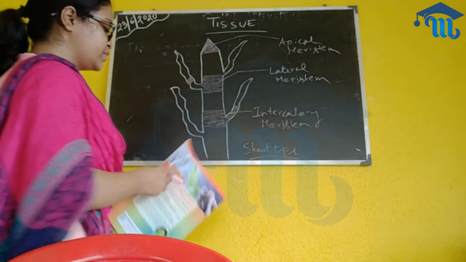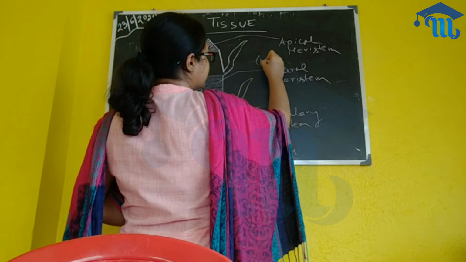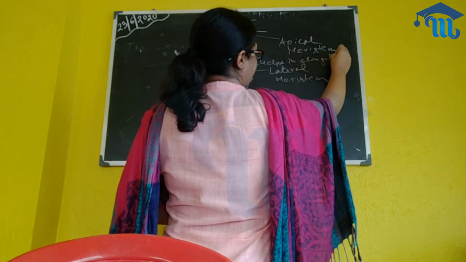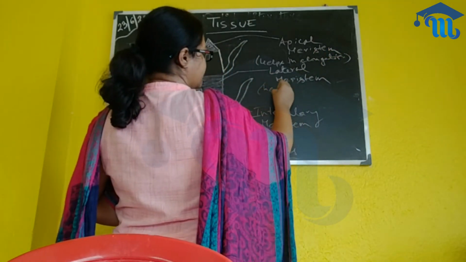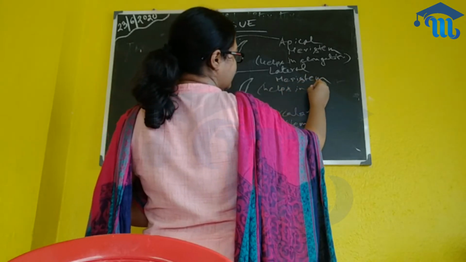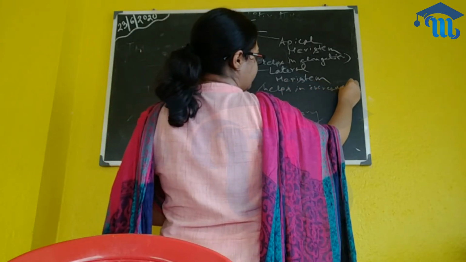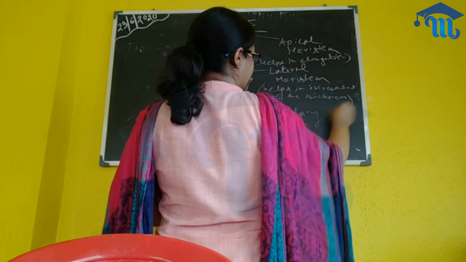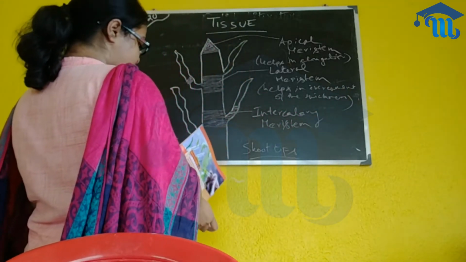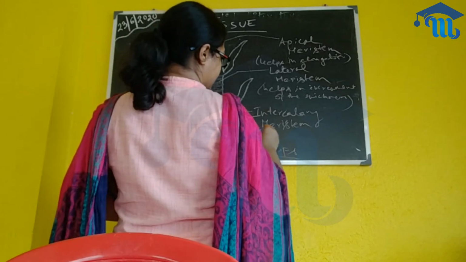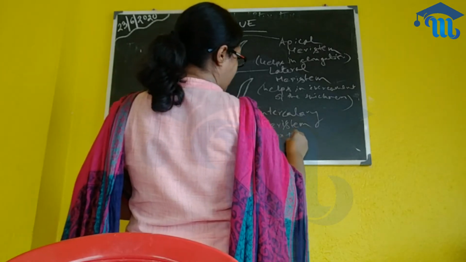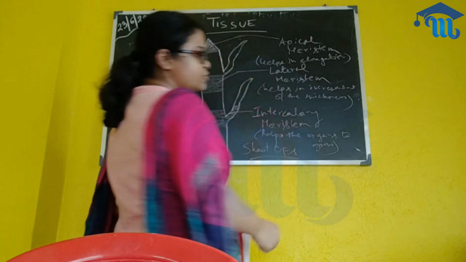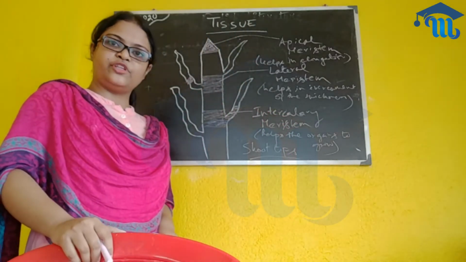Apical meristem helps in elongation of the plant, lateral meristem helps in increasing the thickness, and the intercalary meristem helps the organs to grow. So you can all understand about the meristematic tissue.